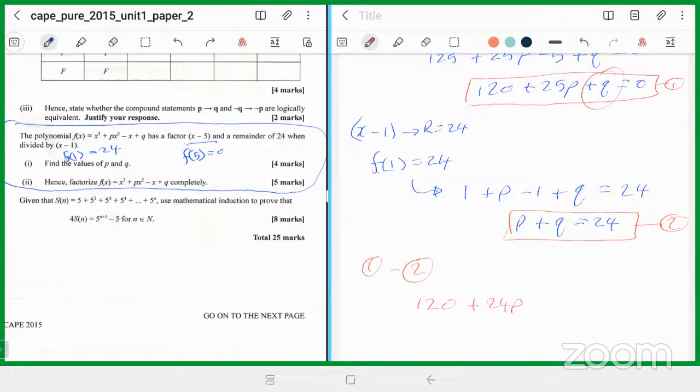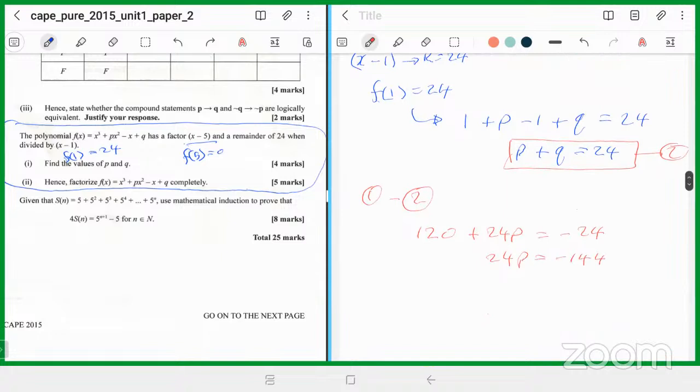Then q minus q is gone. q is eliminated. Then 0 minus 24 gives me negative 24 on the right side. And then the 120 comes over and becomes negative 144. So 24p equals negative 144. So the answer for this, I think, is 6. I will divide both sides. Negative 6. That's correct.